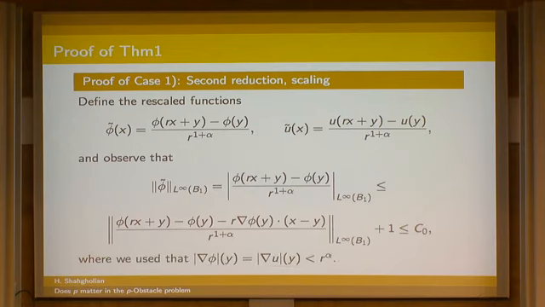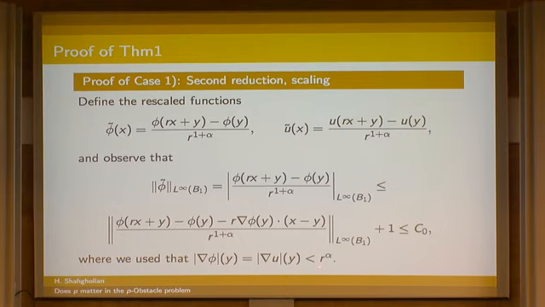What happens is basically that you have a new obstacle problem. Phi tilde is the new obstacle. You have good control of that. Its L infinity norm is bounded by this. And I'm here using that the gradient of phi and the gradient of u are equal at the point y, and this is less than r to the power alpha.